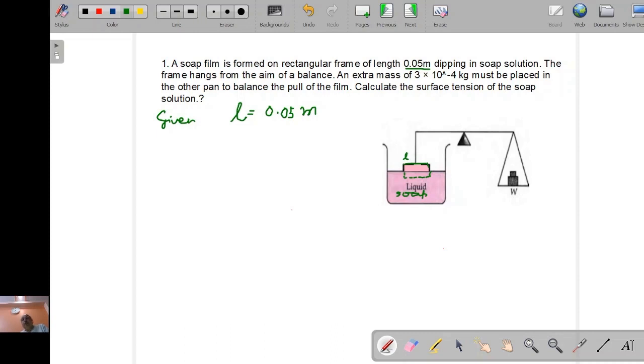To balance this frame, we have to use an extra mass, and this extra mass comes as 3 into 10 to the power minus 4 kilogram.